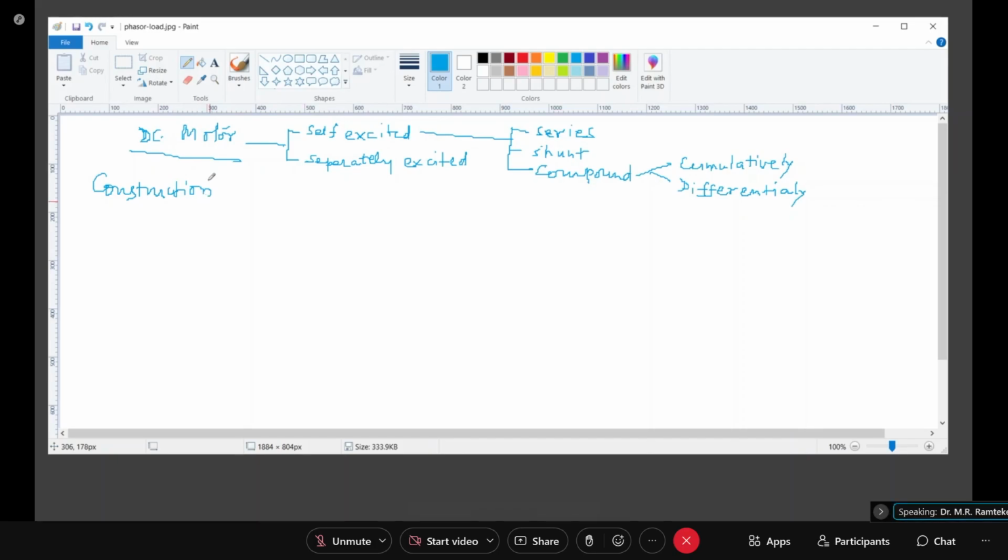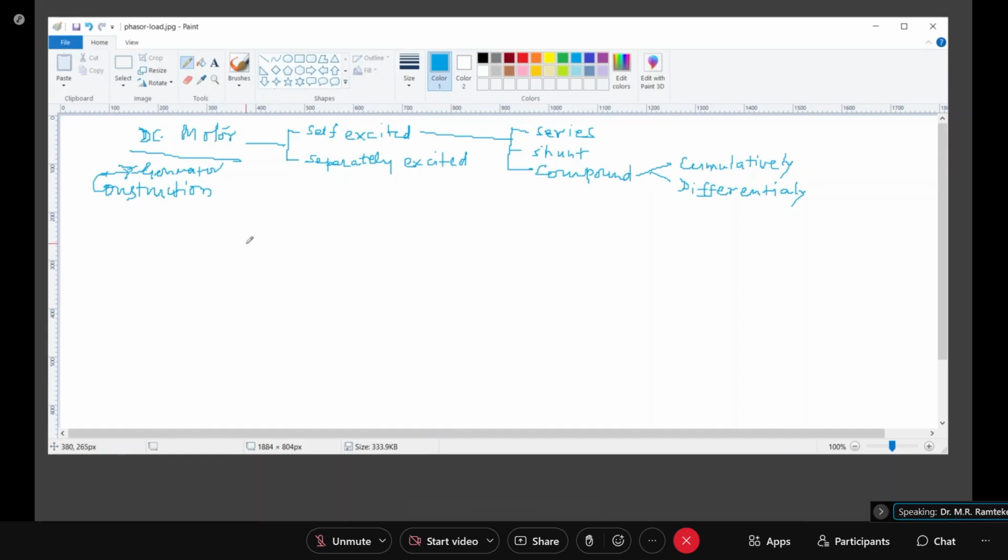Basically, as far as construction is concerned, the construction of a DC motor and a DC generator is the same. In fact, at least theoretically, though not practically, a generator can be used as a motor or a motor can be used as a generator, but it is theoretical. Practically it is not good to use like this.